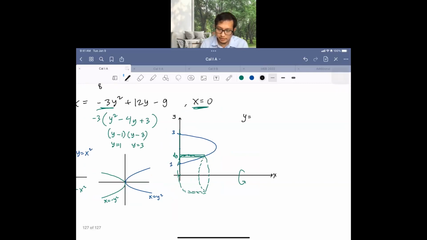This will be equal to the radius, and this will be equal to the height.